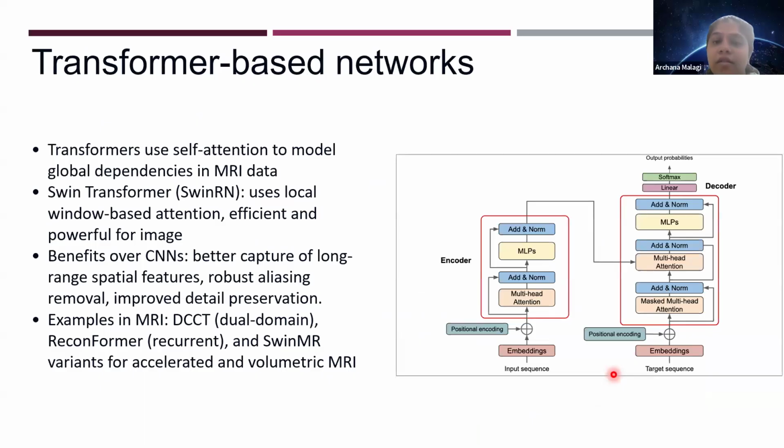So another emerging technique is transformer-based networks where you use an attention mechanism. There are different methodologies like the Swin transformer, which is being used widely for enhancing an image with less information.